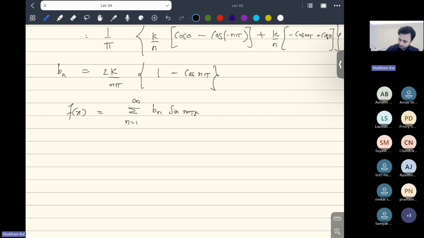You substitute bn, so you will get sigma n equal to 1 to infinity, bn is 2k by n pi, and sine n pi x by l, right? So you will get this finally.